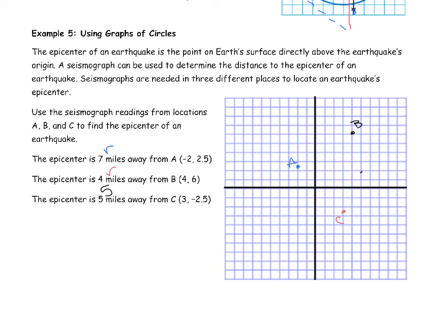So if you were to take your compass and mark it 7 units from A and draw your circle, it would look like so. And then from B, you would mark it with 4. So it would look like so. And remember, this is the center. And then C, you would mark it with 5. So it would look like so.